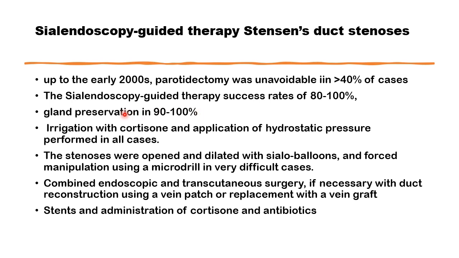This would usually entail sialendoscopy-guided therapy, cannulation of the duct and irrigation with steroids and balloon dilatation, sometimes opening up of the stenotic segment, and repair of the duct using things like a vein graft or a combined transcutaneous and endoscopic approach, as we'll explain in a second, and stenting of the repaired duct with administration of cortisone and antibiotics through it during the healing phase.